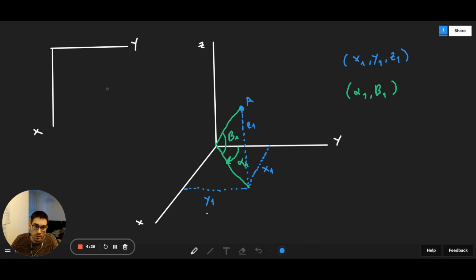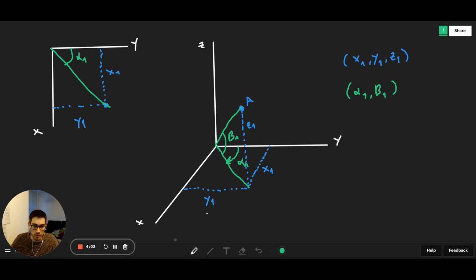The top view will be that the point is located where this is x1, this is y1, and then in green this angle alpha 1.